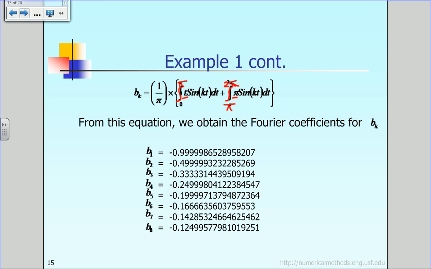So now we should be ready to calculate the constants bk corresponding to different values of k. For example, if we let the index k here equal 1, then we should be able to calculate b sub 1, and that is given right here after we finish the integration.